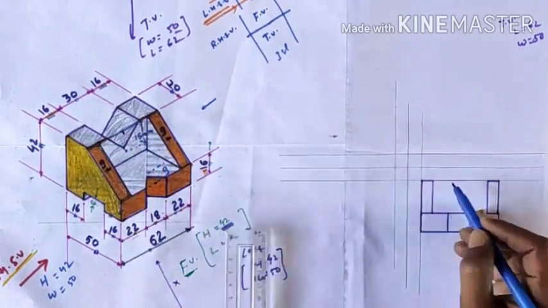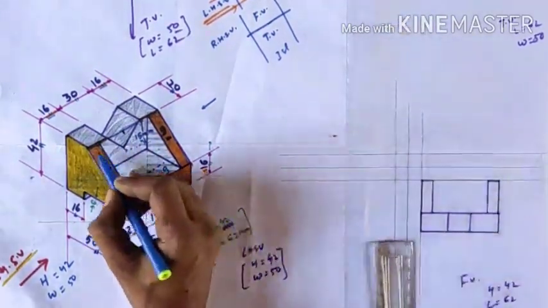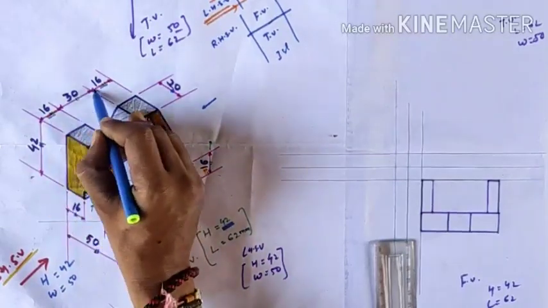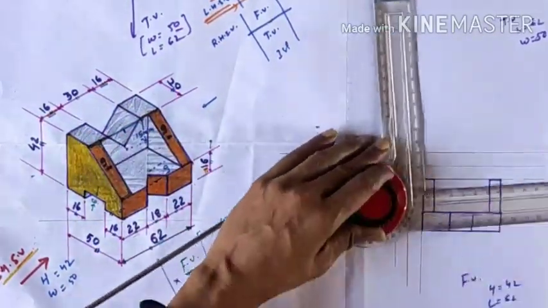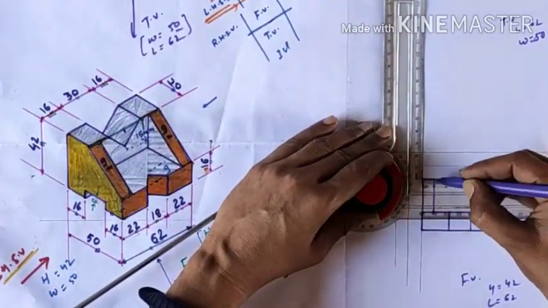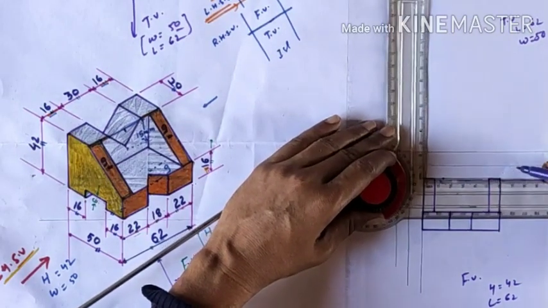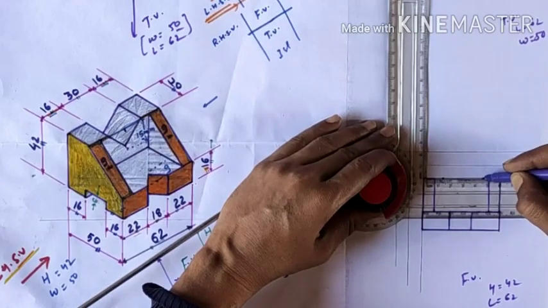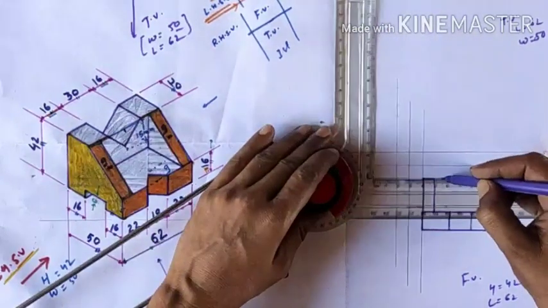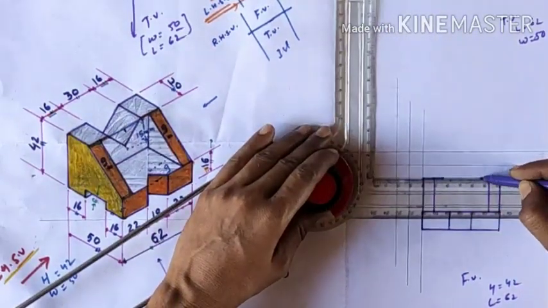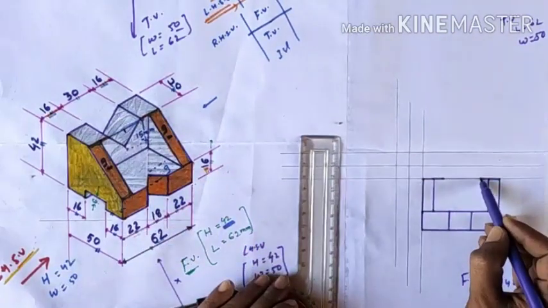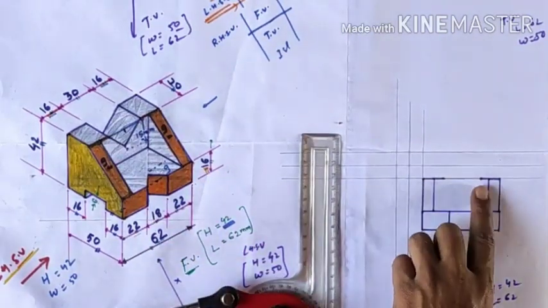Again first this is 16, this is 16, so we complete the 16 line, and then give the 9 mm line. Draw till 16, and here this line rests.